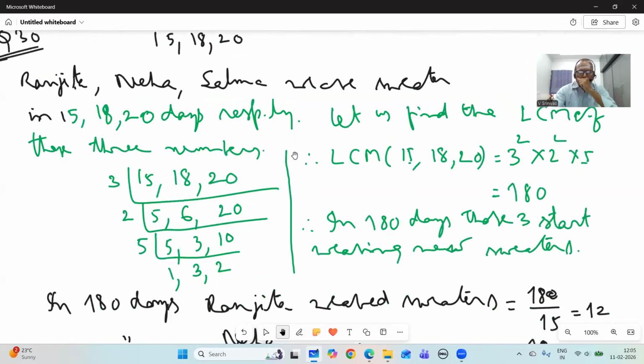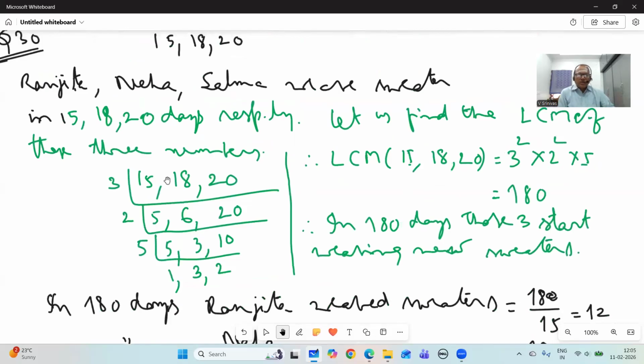Yeah. We are given that Ranjita, Neha, Salma weave a sweater each in 15 days, 18 days, 20 days respectively.